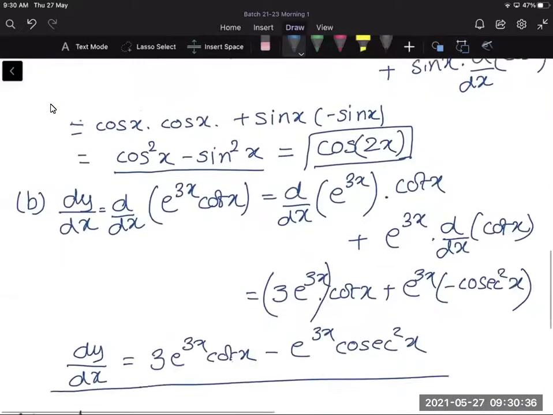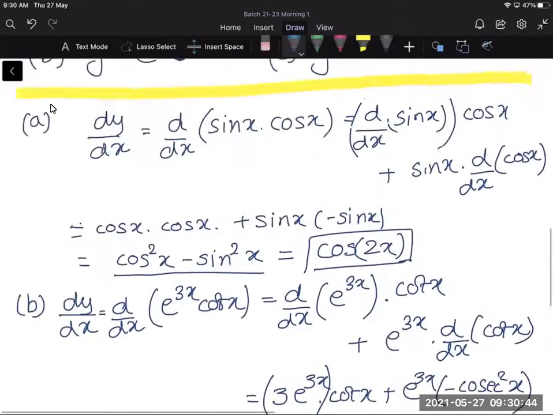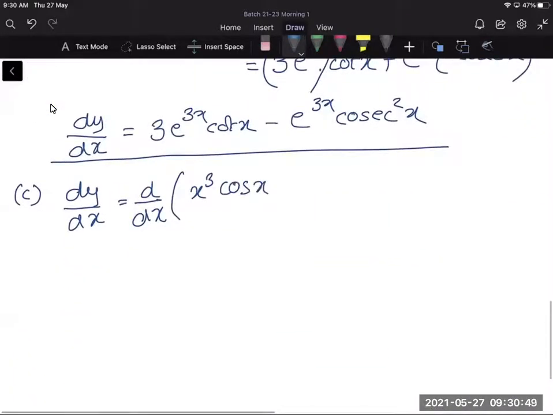Okay. Third one is dy by dx is equal to d by dx of x cubed cosine x ln x. Okay. So I think most of you have figured this out.